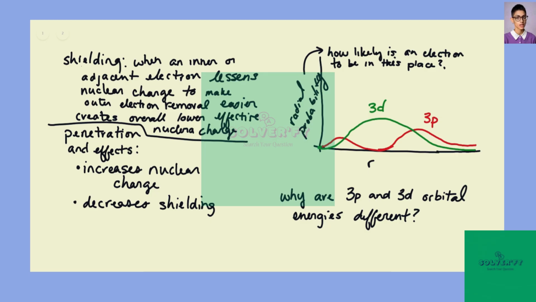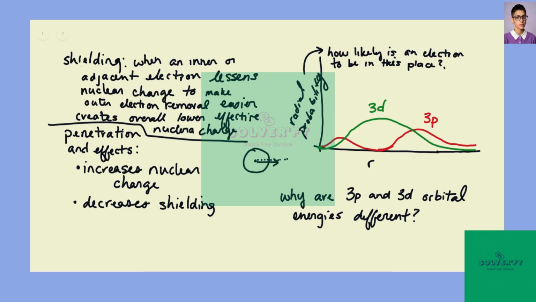And we're talking in a radius, right? So from where the center of the atom is moving outwards. So how likely it is to be in this particular position moving outwards.